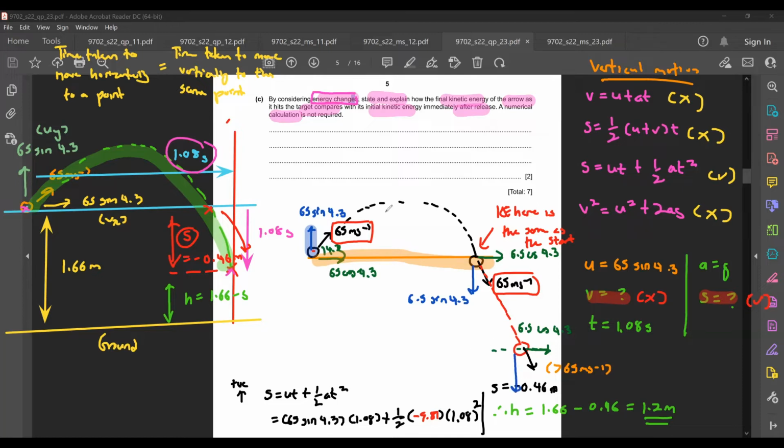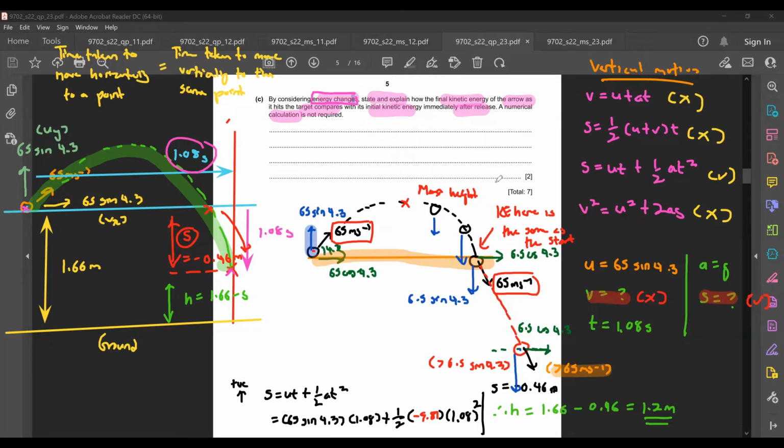It will be more than 65 sin 4.3, because your vertical velocity will tend to increase from the maximum height. As you keep going down, your vertical velocity keeps increasing. So at the point where you hit the target, you definitely have a vertical velocity more than 65 sin 4.3, which in turn leads to a final speed more than 65.